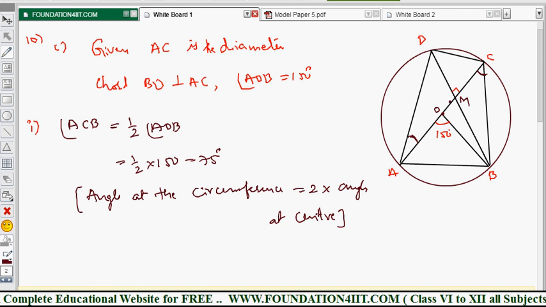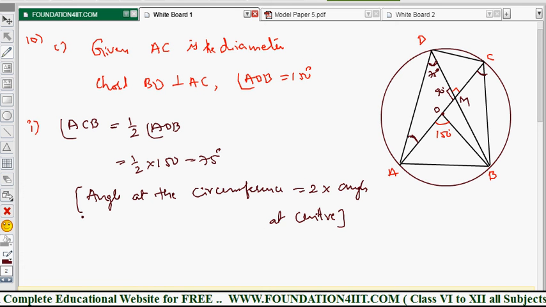From triangle ADM, observe, this is already 90 degrees, right? And one more thing: AB is the chord, this arc AB is subtending at C and the same arc is subtending at D. So this also must be the same 75 degrees. Now from triangle ADM, 75, 90, we should subtract both from 180.